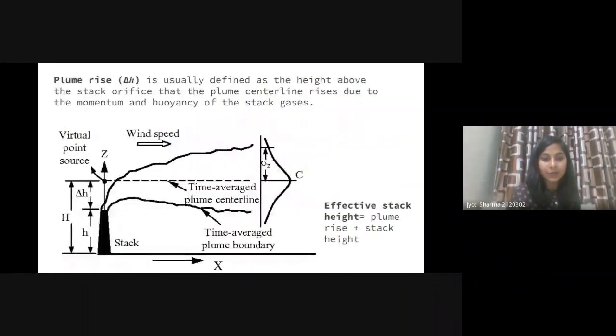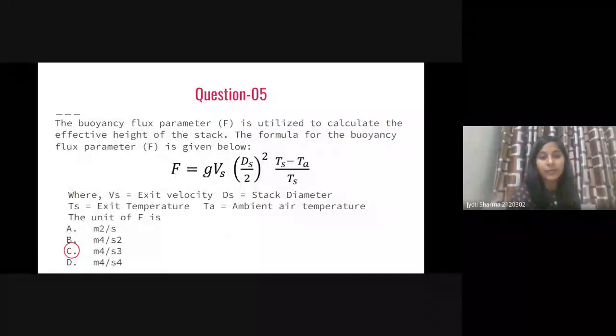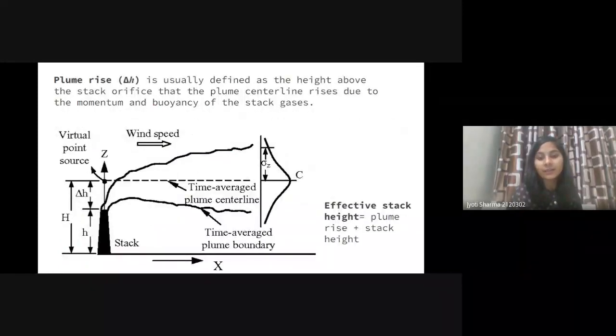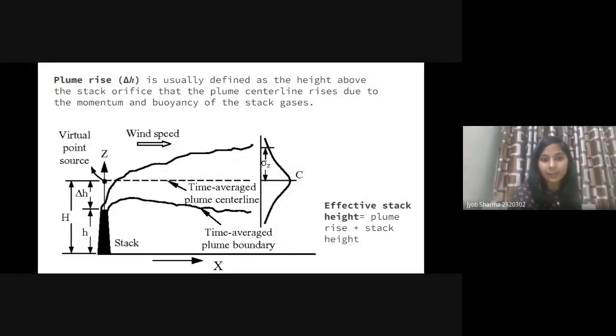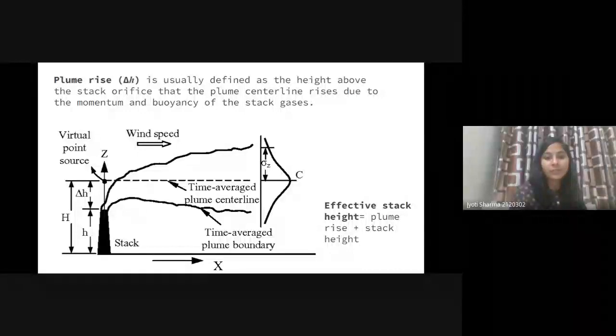So let's talk more about this, because this formula is used to calculate the effective height of the stack. So the effective stack height is nothing but the summation of the plume rise plus the stack height. Plume rise is defined as the height above the stack orifice that the plume centerline rises due to momentum and the buoyancy of the stack plume.